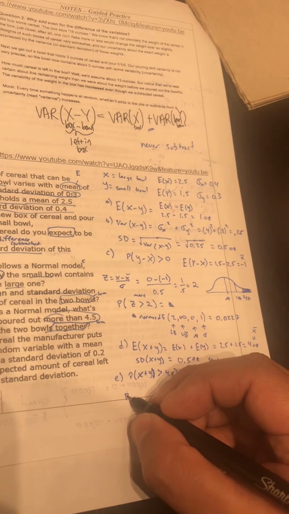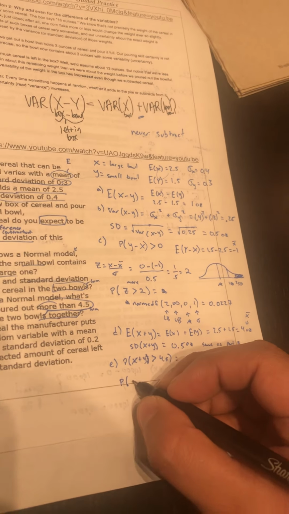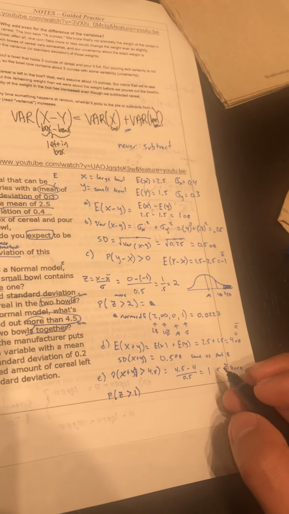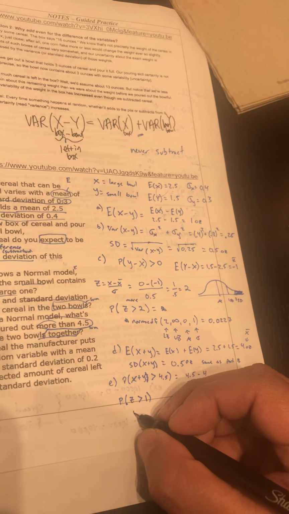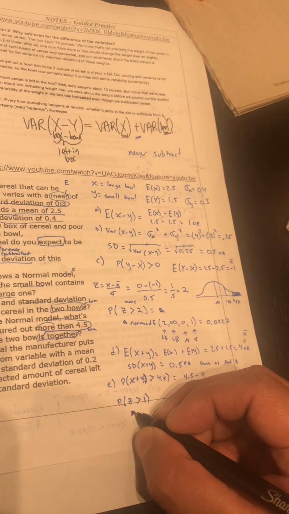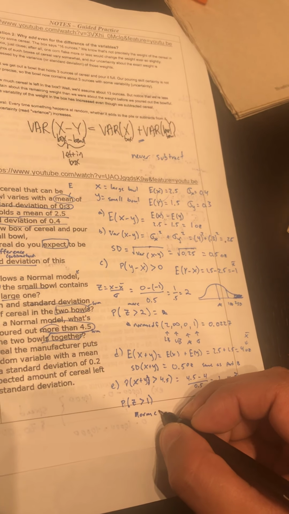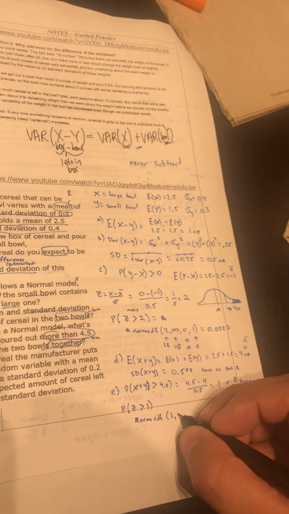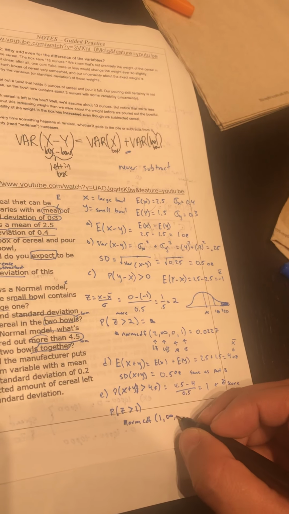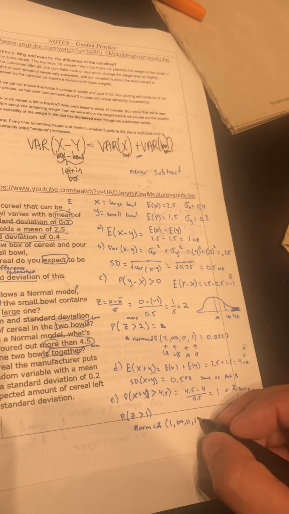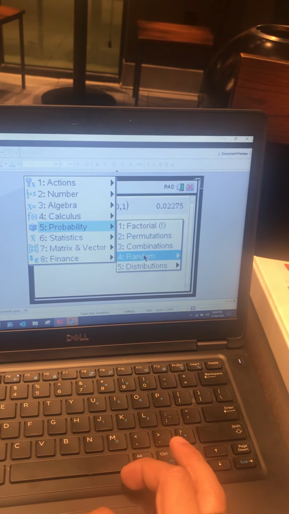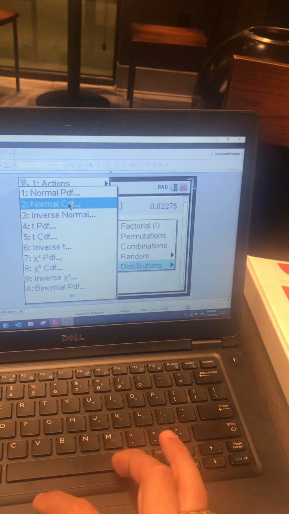So now we're looking for the probability of your z being more than 1. Same thing that we just did before, the normal CDF. Menu, probability, distributions, normal.